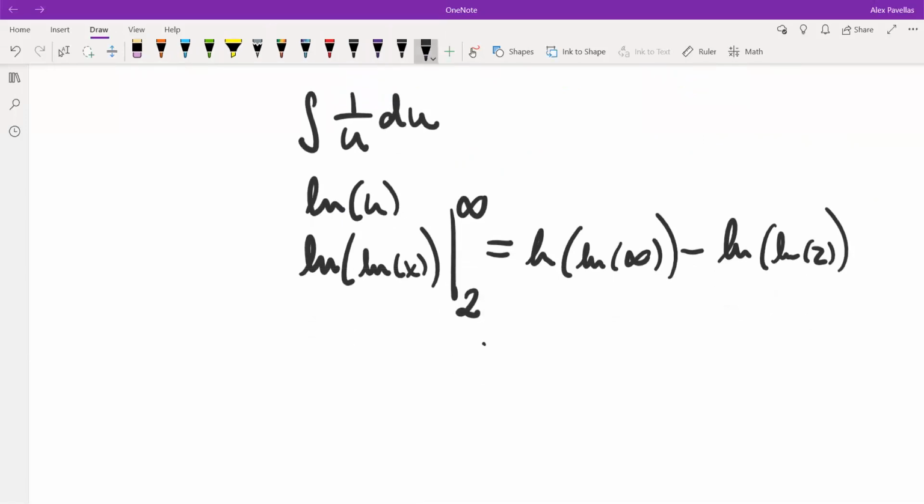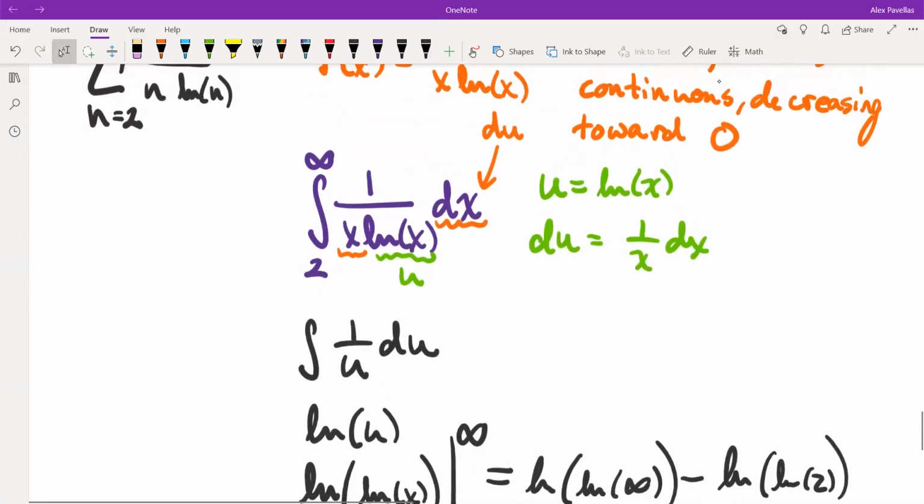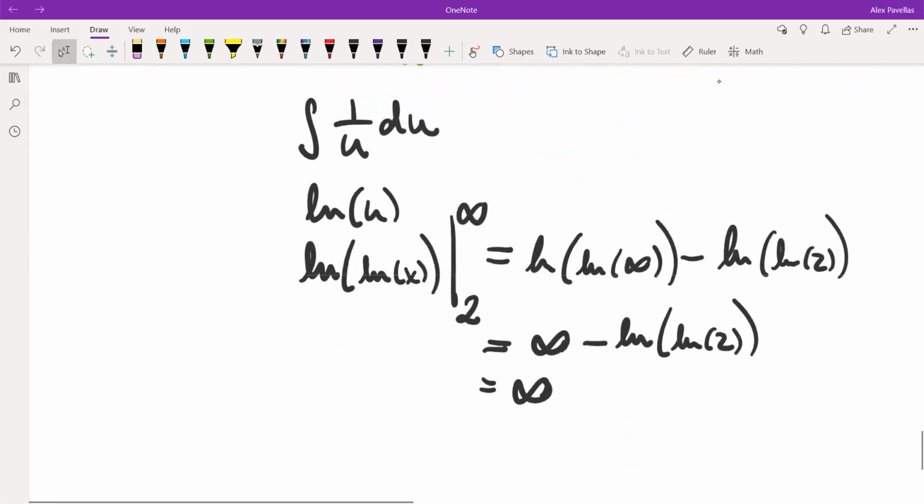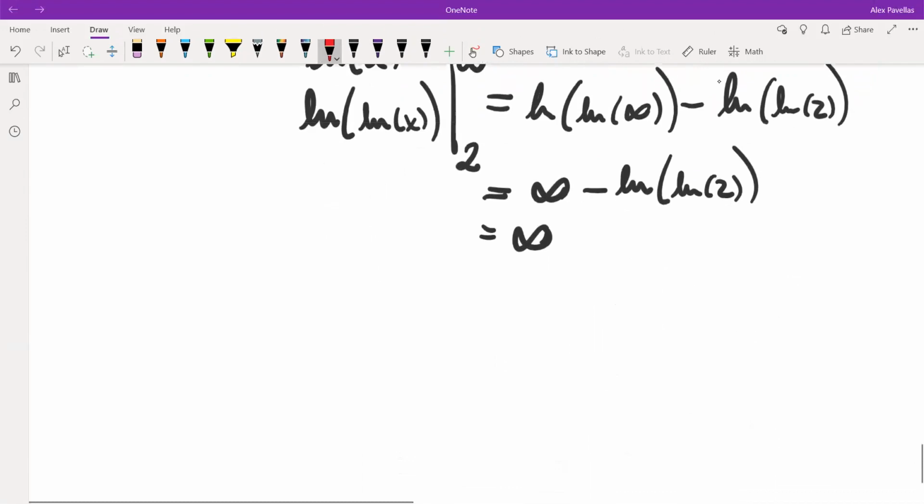So this is infinity minus log log 2, and it's infinity minus some number, so it's infinity. So what does that mean? The area under this curve from 2 to infinity is, in fact, infinity. That means the integral diverges, which means the series diverges.